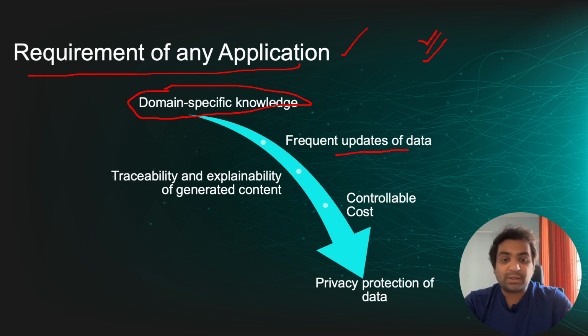And also if I'm building an app, there will be a lot of data that is getting updated very frequently, and explainability of generated content as well. There are no links or logical connection. If we train any model on a huge volume of data, you basically overfit the data.